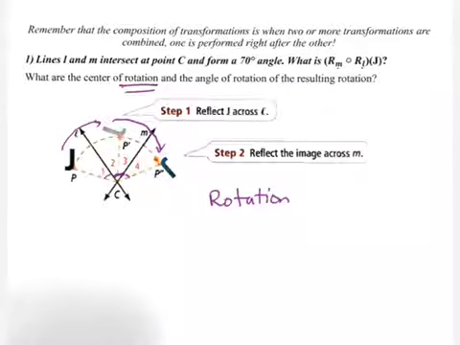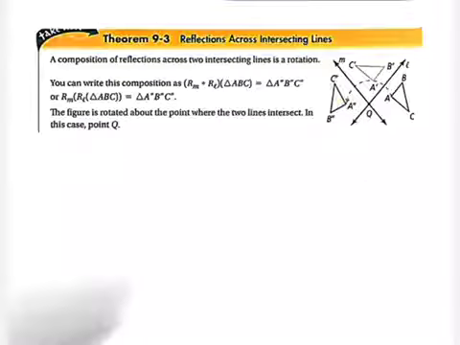So if we wanted to talk about the resulting rotation, we double 70, so we get 140 around the center of rotation, which would be C. So we're looking at a rotation of 140 degrees around point C. A composition of reflections across 2 intersecting lines is a rotation. So anytime we reflect across 2 intersecting lines, we're looking at a rotation.